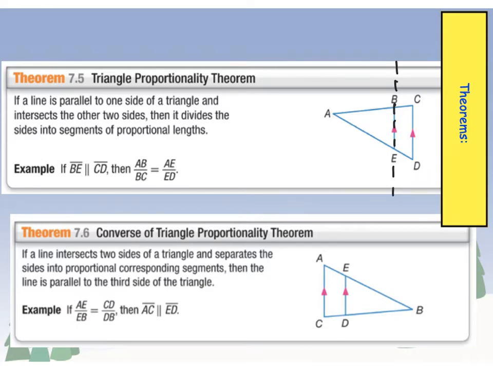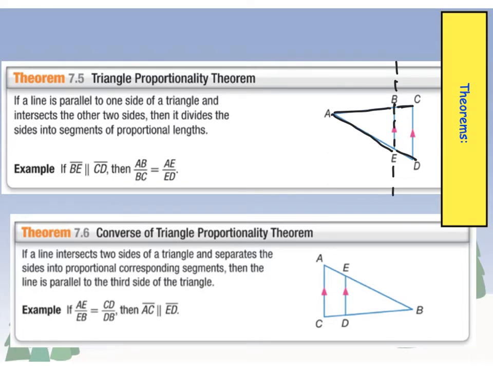What it does is cut sides AC and AD into proportional parts. So in this case, AB over BC equals AE over ED. Just stay consistent in how you're comparing the things and it should work out.